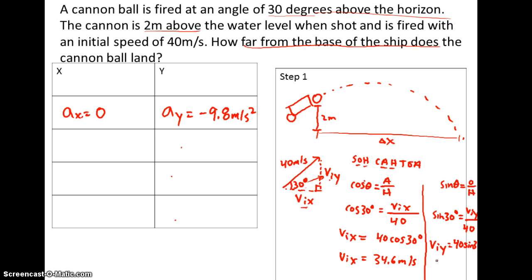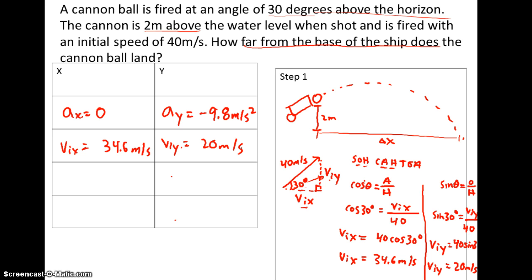I'm running out of room here, but what we get is 20. This should be sine 30. So for our Vix and Viy, we plug in those values: 34.6 and 20.